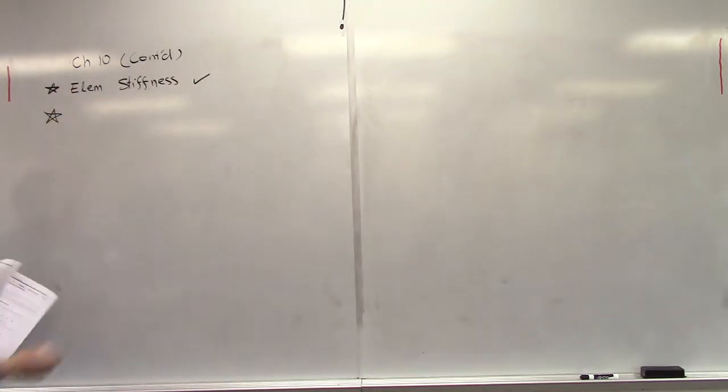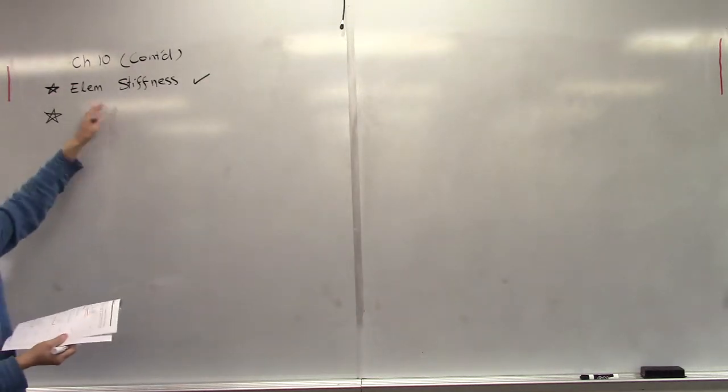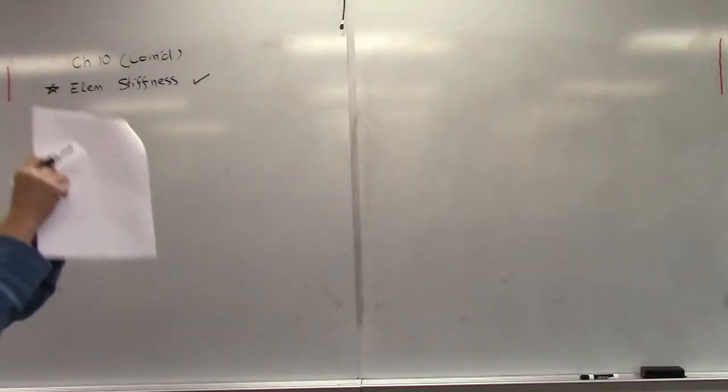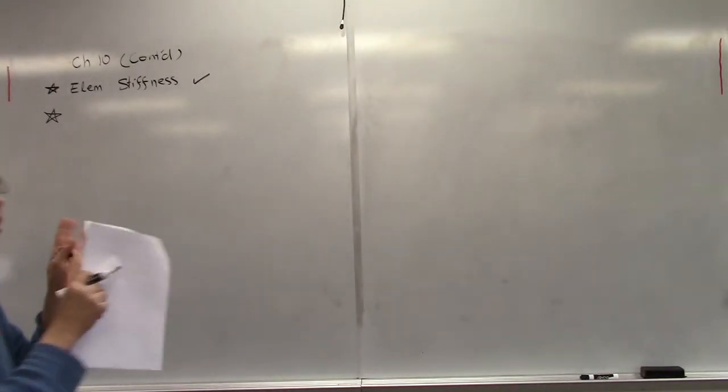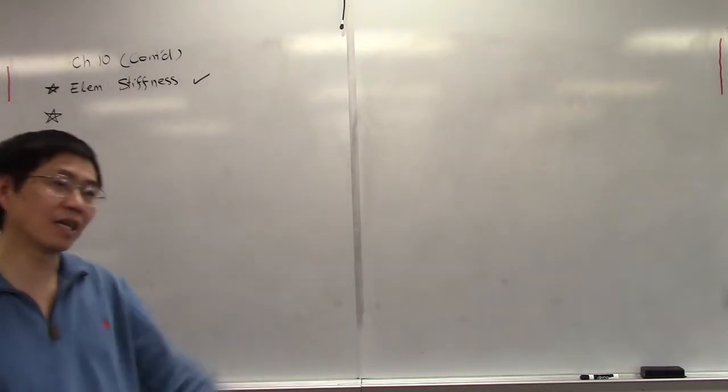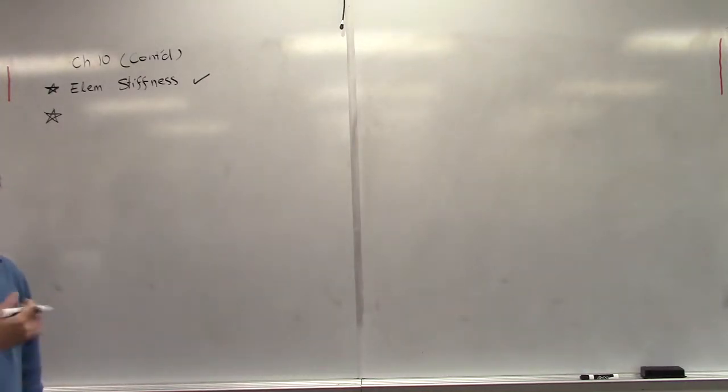Today we are going to talk about the right-hand side of the equation. So the stiffness matrix is the K on the left-hand side. K matrix times the displacement vector is equal to, on the right-hand side, the force vectors.